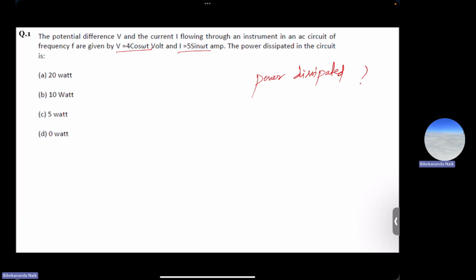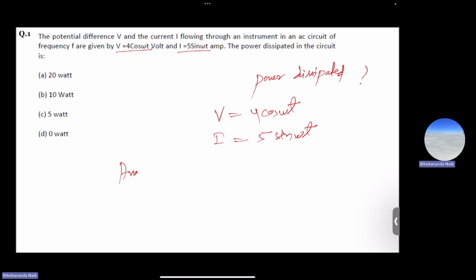So let's solve this one. Here the voltage is given as 4 cos omega t and current is given as 5 sin omega t. Here we will calculate the average power over a cycle.